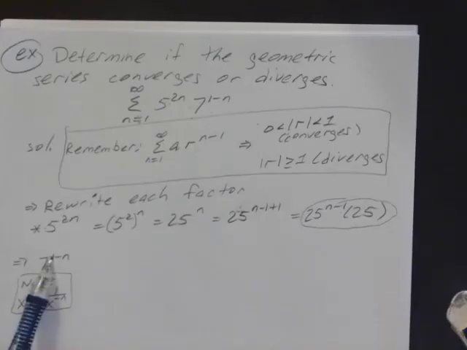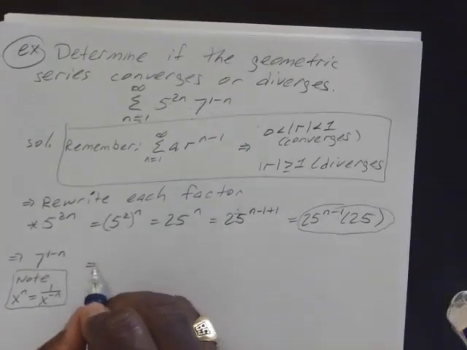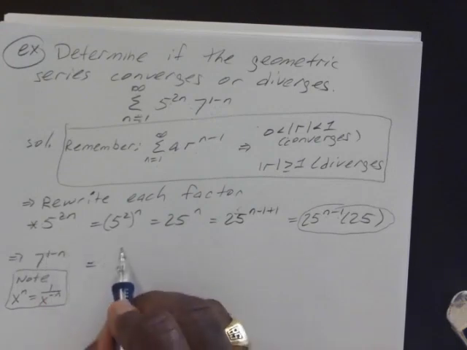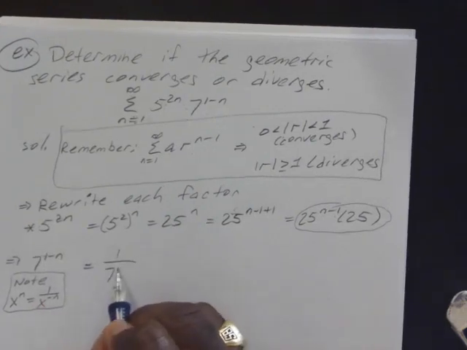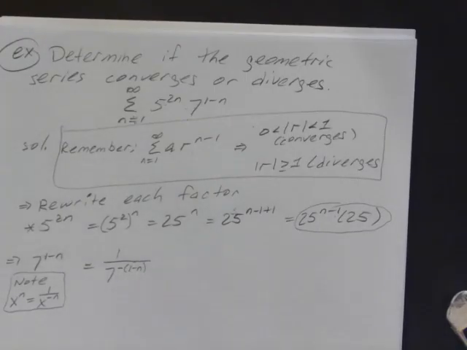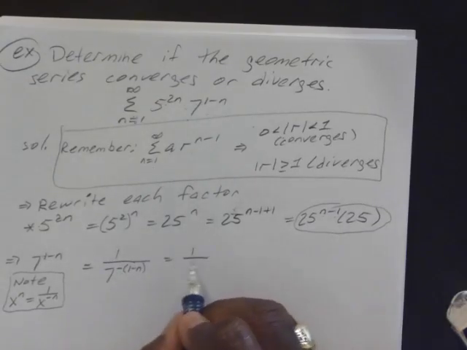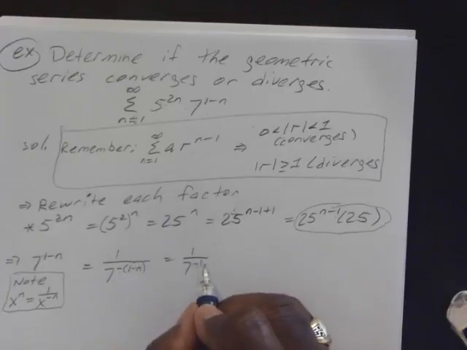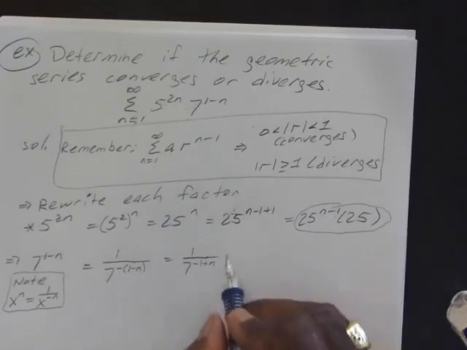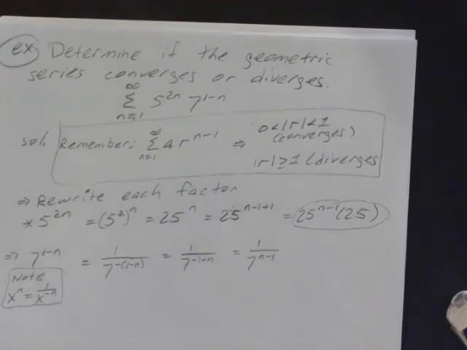So we have to flip those around, which means we have to multiply those exponents by negative 1. So that gives us 7 to the power of 1 minus n is equal to 1 over 7 to the negative power of 1 minus n. So if we distribute that negative, that gives us 1 over 7 to the power of negative 1 plus n, or we could just rewrite that as 1 over 7 to the power of n minus 1.